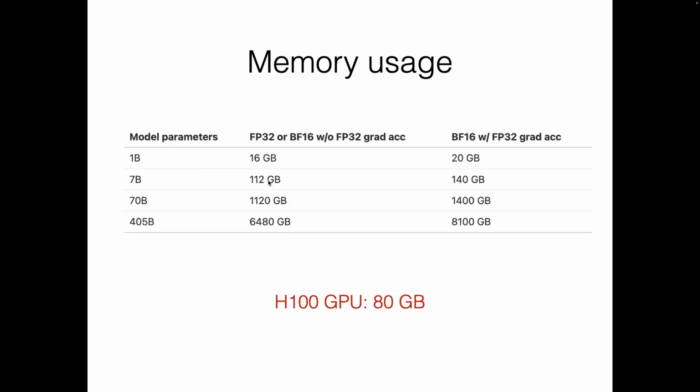And you can see that very quickly, even with this 7 billion parameter model, you're not able to fit it onto even a single H100 GPU, which has just 80 gigabytes of memory. So we have to come up with other ways of utilizing multiple GPUs in order to perform the training.